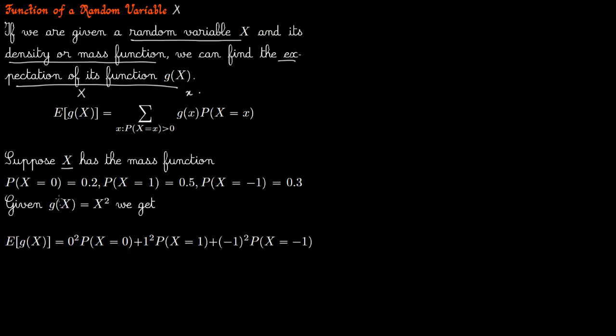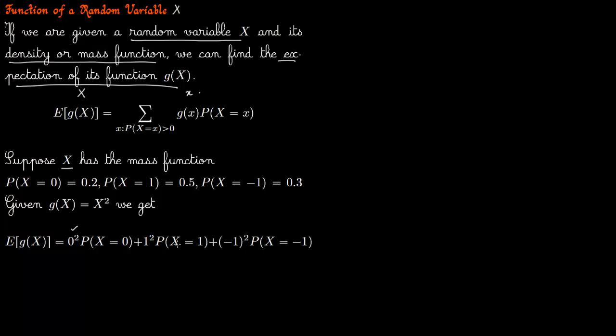So if x is 0, then x square will be 0 square.